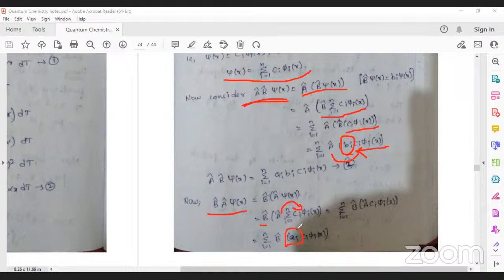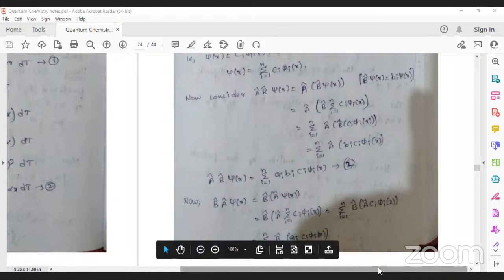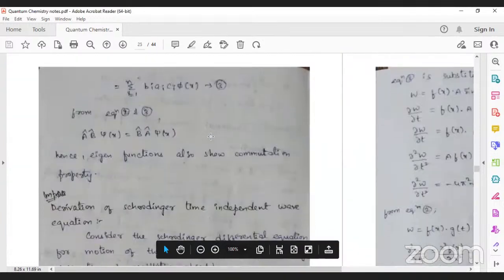So just keep aside ai, and the B operator operates on this function, we will get bi, right? So therefore, these two are equal, because finally we will get the same result whether A operates initially or B operates initially.